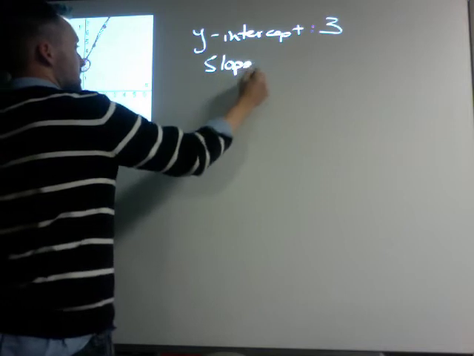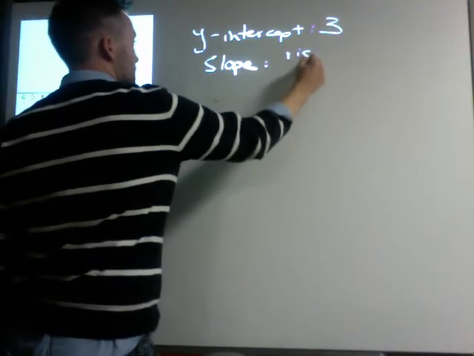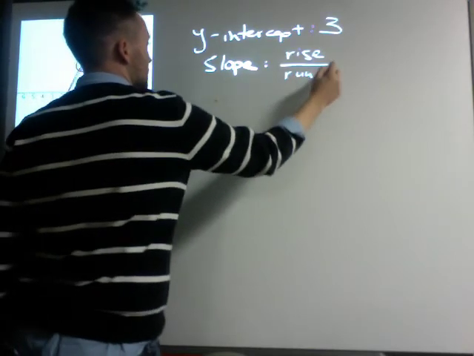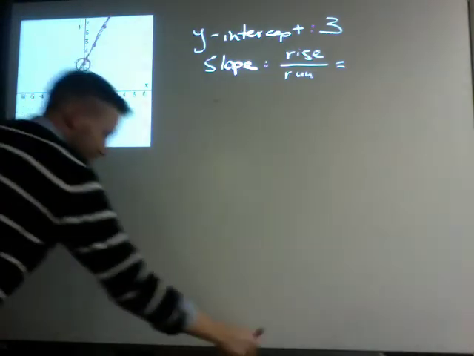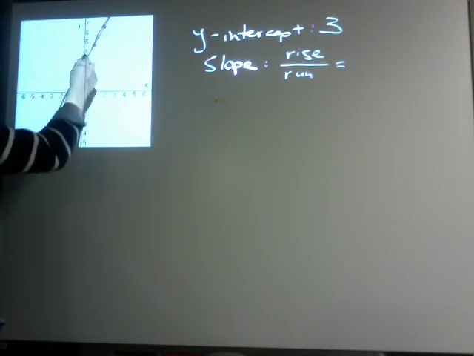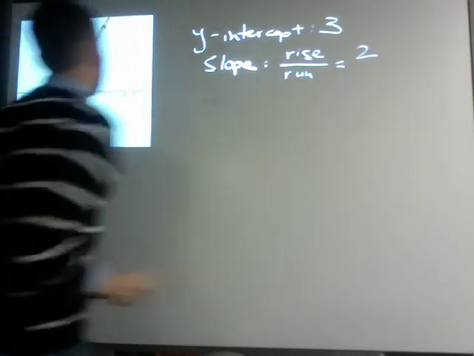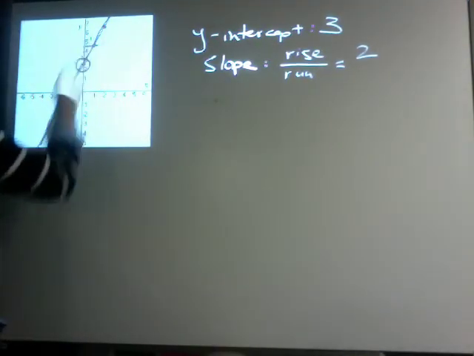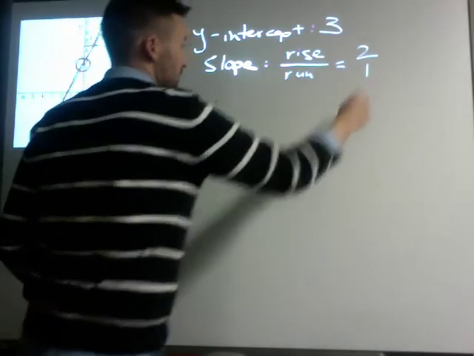Let's find the y's, the rise over the run. Remember we've seen that. How much does it go up between these red dots? Let's do the green. From here to here, 1, 2. Right here is 1. Put the 2 over 1.